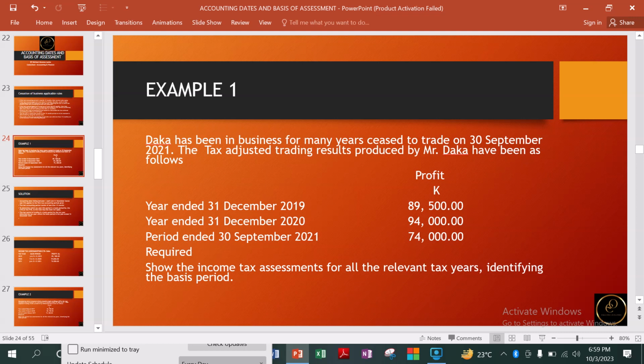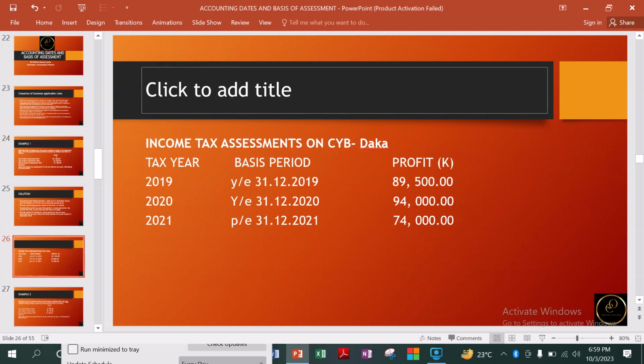Even the third one, because we have these accounting dates falling between 1st April and 31st December. That means the year in which the income was generated is the year in which the income is taxed. So we have basis period year ended 31st December 2019, tax year 2019 as well, and the amount is 89,500.